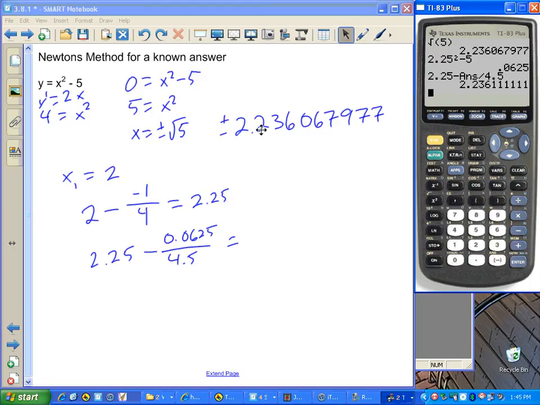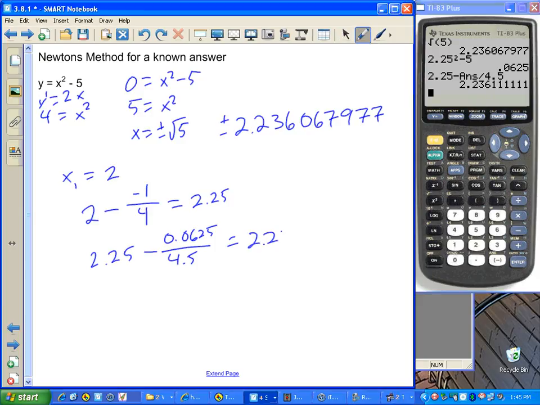And I've already matched 3 decimal places just after 2 iterations of this. 2.236. In most realistic applications, 3 decimal places is close enough. But just to confirm those 3 decimal places, because they were different from this, I'm going to do it one more time.